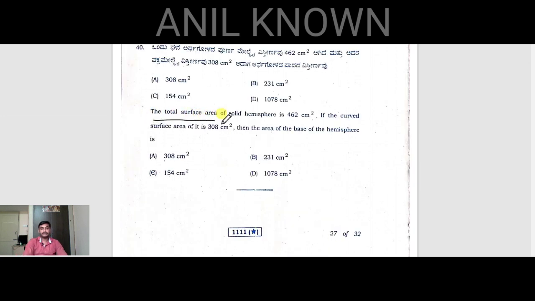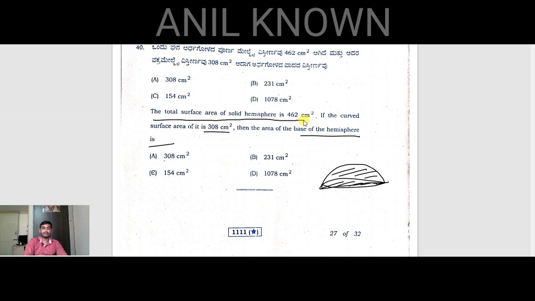The total surface area of a solid hemisphere is 462 centimeter square. If the curved surface area of it is 308 centimeter square, then the area of the base of the hemisphere is the question. Very simple, they have given the solid hemisphere, it looks like this, and the total surface area means we have to find this area and this area.